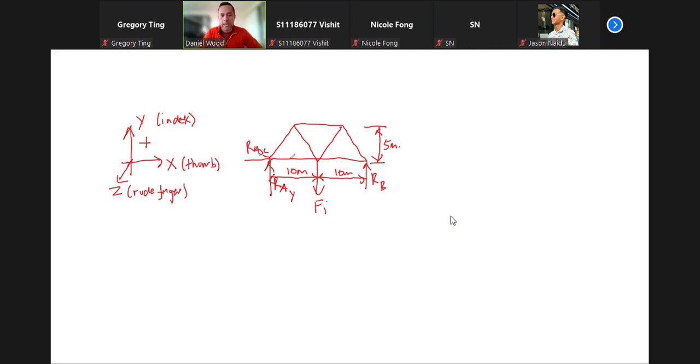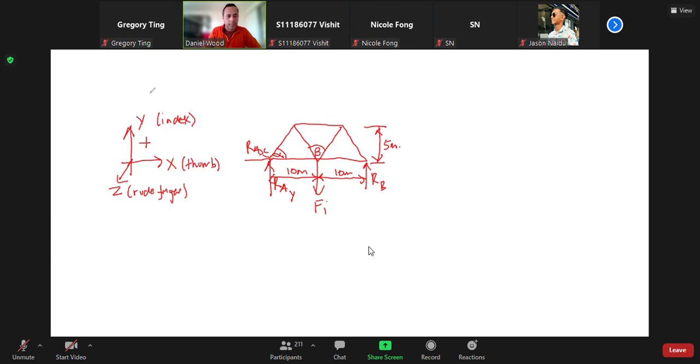Obviously, there might be some things that you have to work out. You may need to work out some internal angles in order to perform calculations. You can always work them out to the side. But this is typically what would appear for your free body diagram, okay?